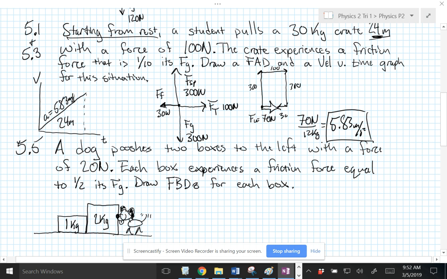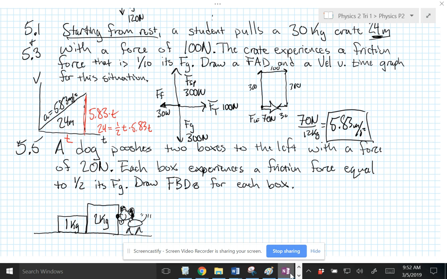So I was happy to see this in the cases where folks were doing this problem that you're recalling, that whatever this base is, t, then this side of that triangle has to be 5.83 times t, because that's how slope works. So 24 equals 1/2 of t times 5.83 t.